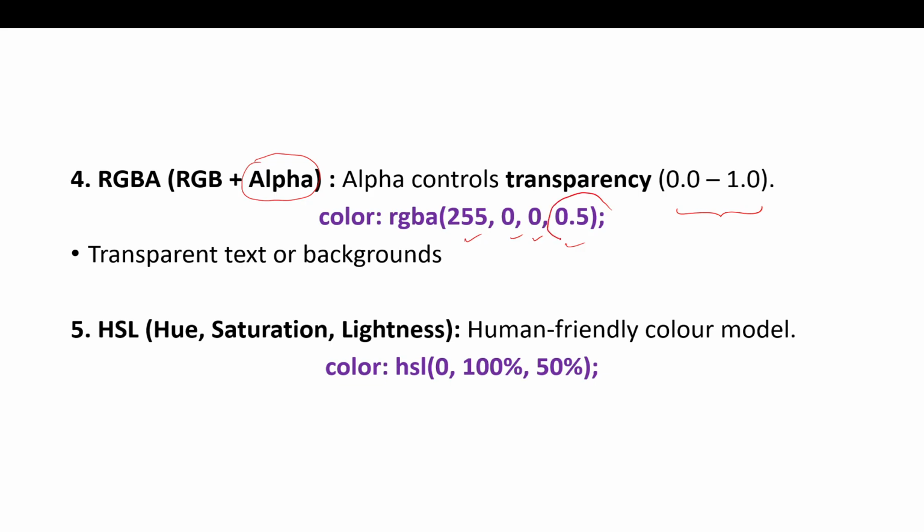That's why we have taken the alpha value as 0.5. We can use this alpha with text and background also. And HSL is for hue-based color selection. Here we have the HSL method, which has the hue value, saturation value, and the lightness.